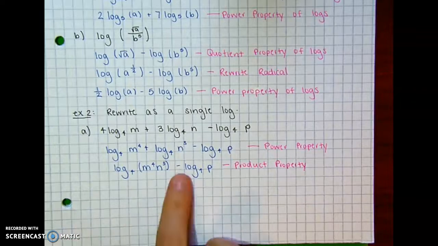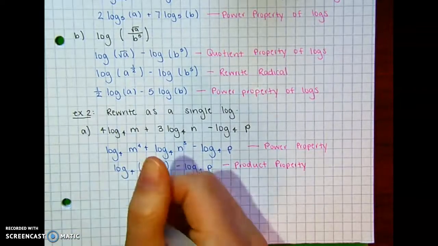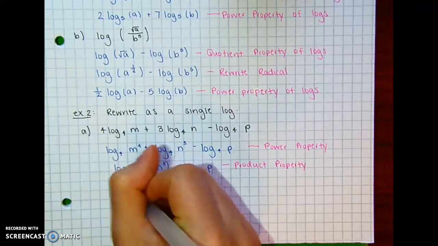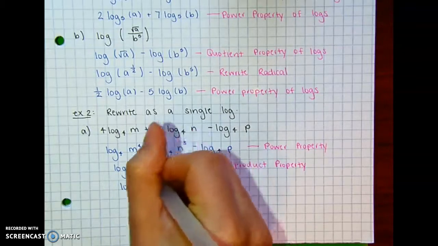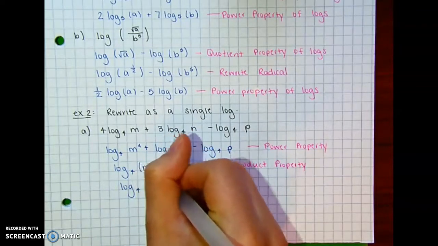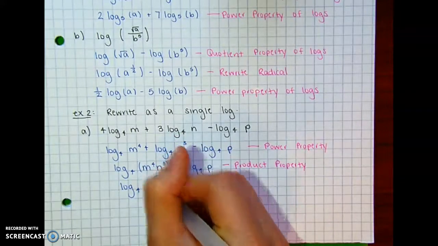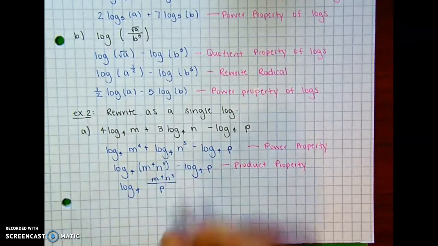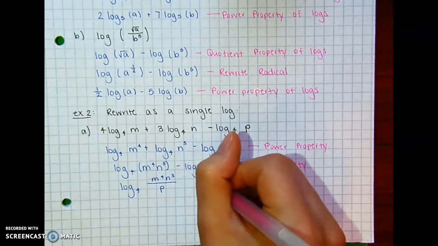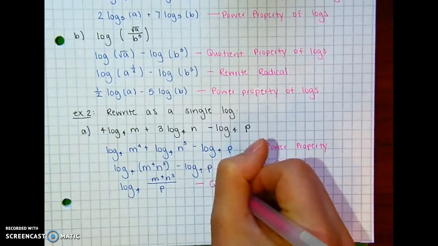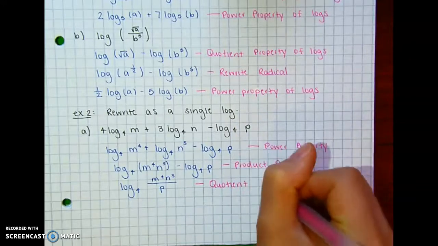And then finally, now we can use the quotient property. I'm going to do log base 4. This whole thing will be in the numerator, so it'll be m to the 4th n cubed, and the denominator will be p. And now it's written as a single log. And that was just the quotient property.